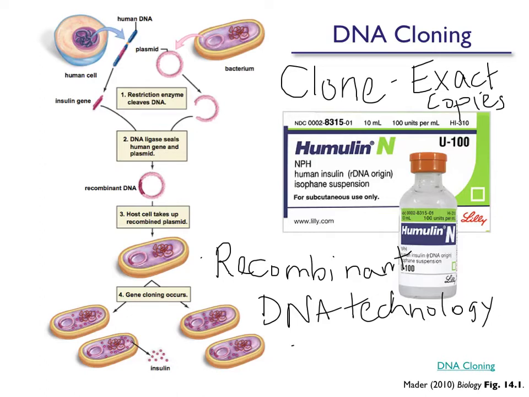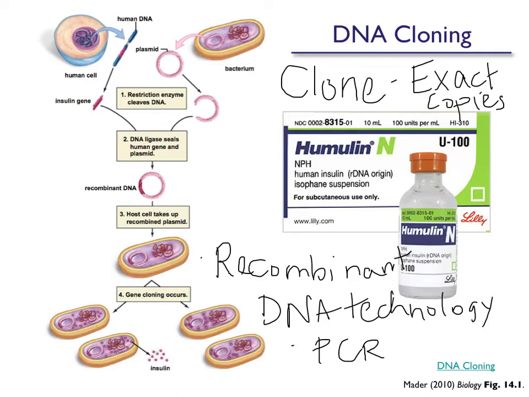The second tool that we'll talk about is polymerase chain reaction, or PCR. So to begin, we'll take a look at recombinant DNA technology and how it can be used to make exact copies of genes that a scientist might be interested in.